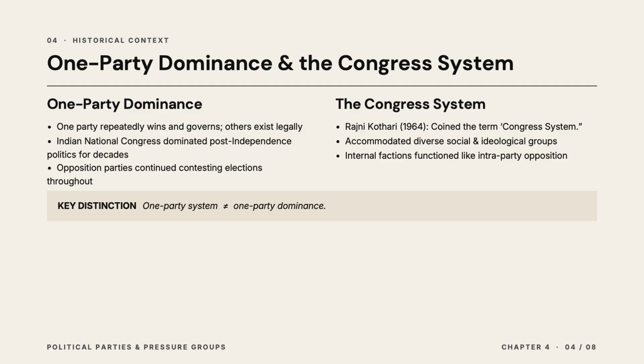And Rajni Kothari coined the term Congress system, okay? Now, why did he coin it? Indian politics was very unique. The reason I explained the ideological difference between the Democrats and the Republicans in America is that these parties have specific ideologies.